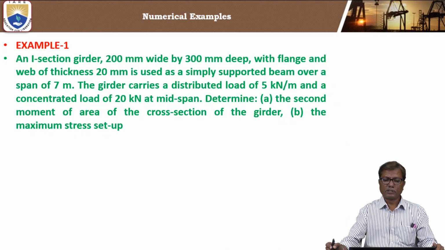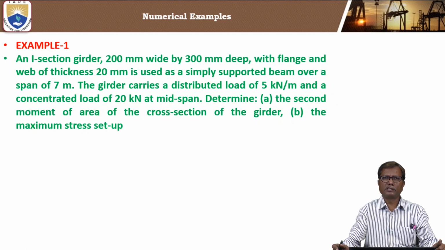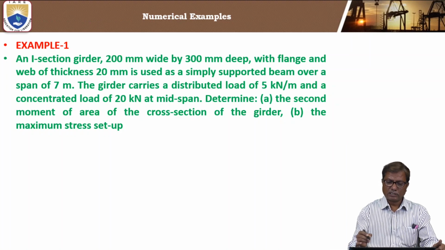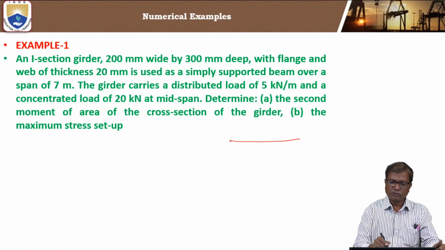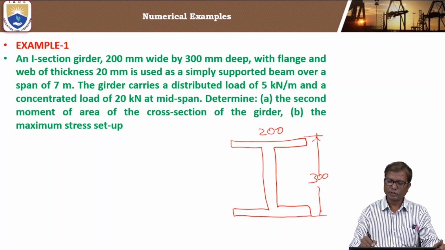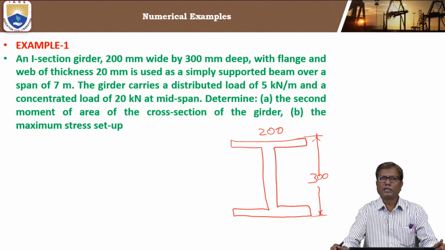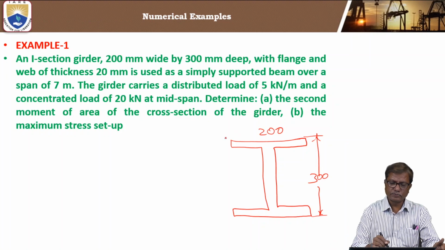Okay. So here the cross section of the beam is an I section with dimensions 200 mm wide and 300 mm deep, overall width and overall depth, 200 and 300 in millimeters. The thickness of web and flange are 20 mm each.